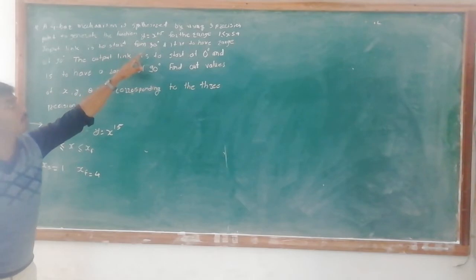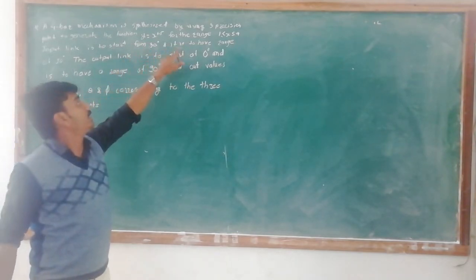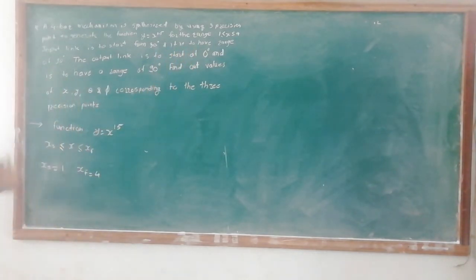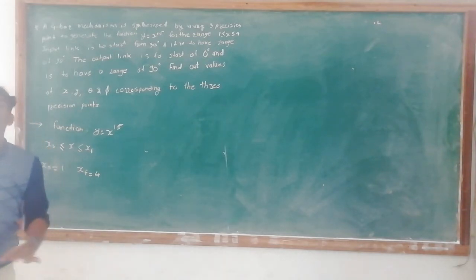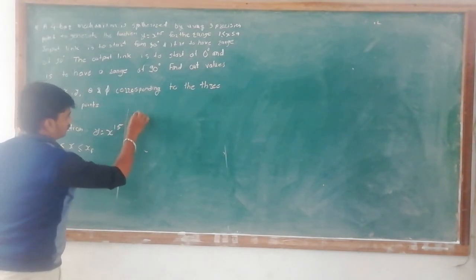The input link is to start from 30 degree and it is to have a range of 90 degree. The angle made by the input link with the x-axis is denoted by theta.